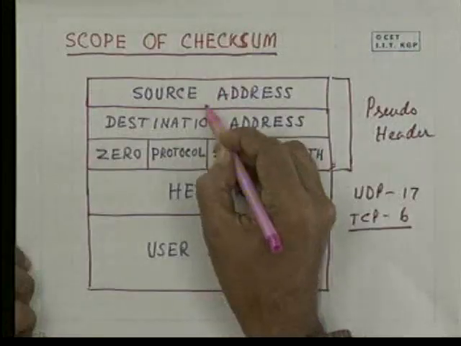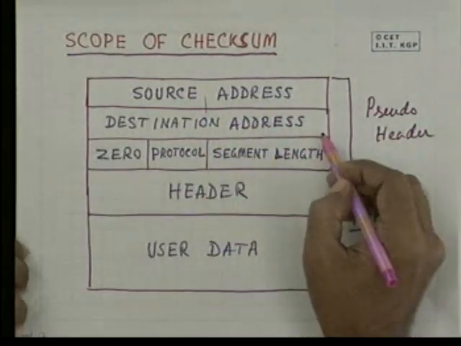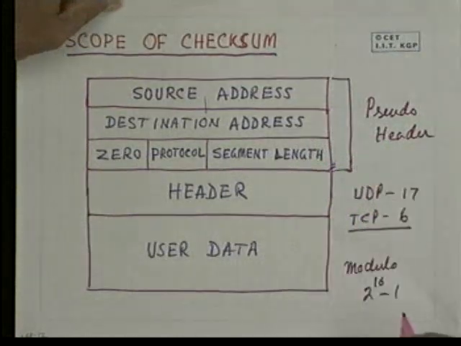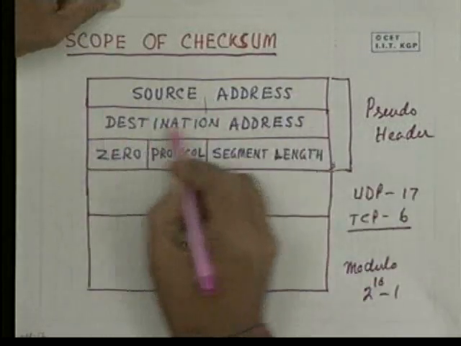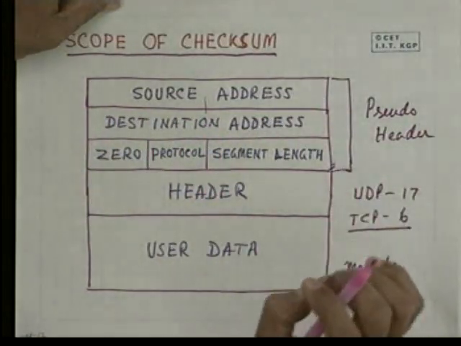Checksum is computed by dividing the entire data into 16-bit words and then performing one's complement addition, and whatever is the remainder is used as the checksum.